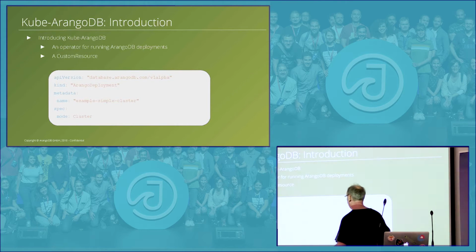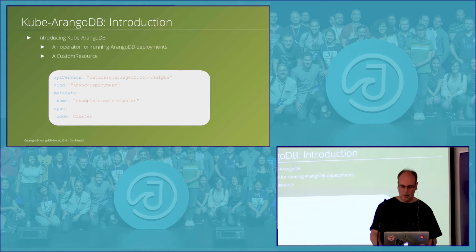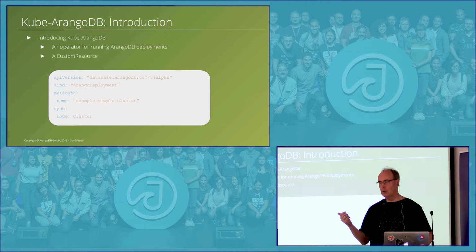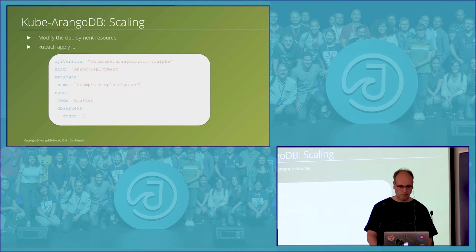All of this is very standard Kubernetes stuff, and the only thing that's special here is, okay, I want the cluster. If you say single there, you get a single instance, and in this case, it's a cluster. That is a custom resource, and the custom resource is a very nice feature of Kubernetes that we now heavily use.